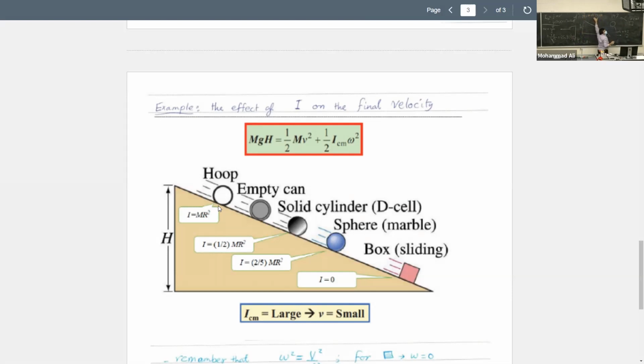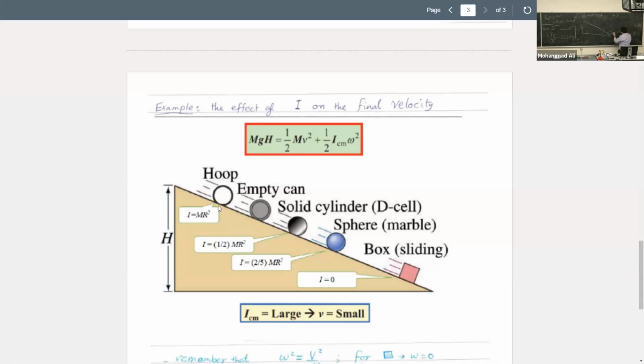All of the energy will be gained as kinetic energy for the box, and its velocity is equal to the square root of 2E over m. So the velocity will be the maximum value for the box. So it will be the fastest one between the given bodies.